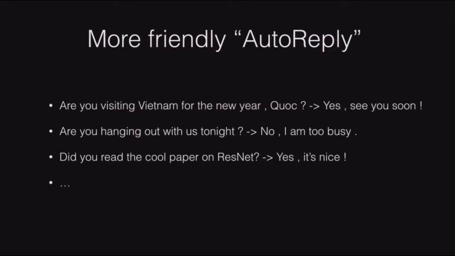That's a better, nicer way to approach this. And if my friends ask me, are you hanging out with us tonight? Instead of just saying no, I would say, no, I'm too busy, right? Or did you read the cool book? Right? So let's see how we're going to fix this.